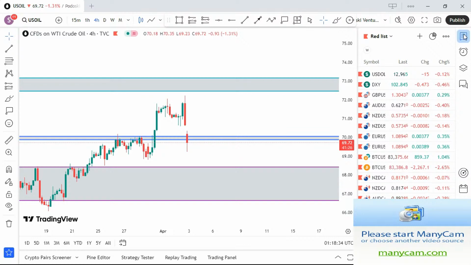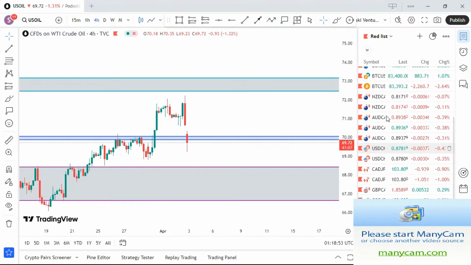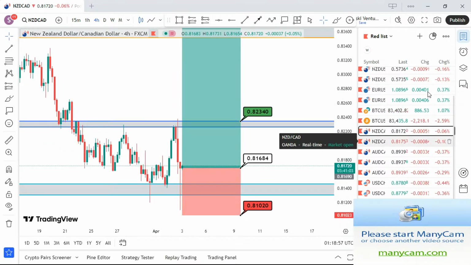From all the signals I'm seeing, we are already in those trades, so I don't want to jeopardize all the setups. So we are just going to end the analysis here and wait for the rest of the setups to play out and see how it goes.